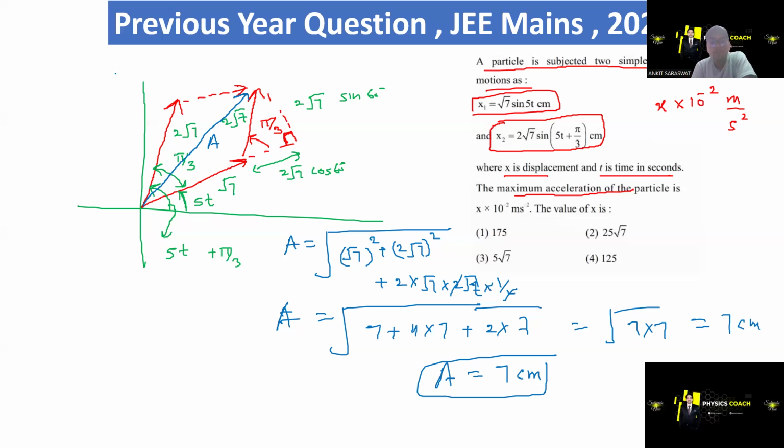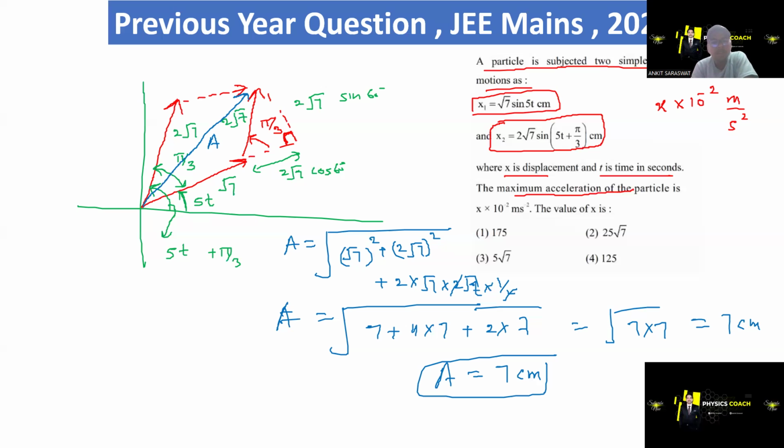Clear? So we need to find the maximum acceleration of the particle. Who is actually doing SHM? The particle, about its mean position.